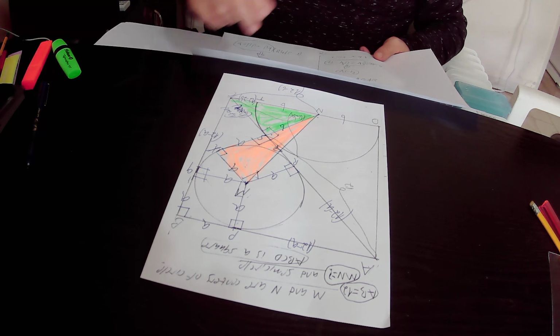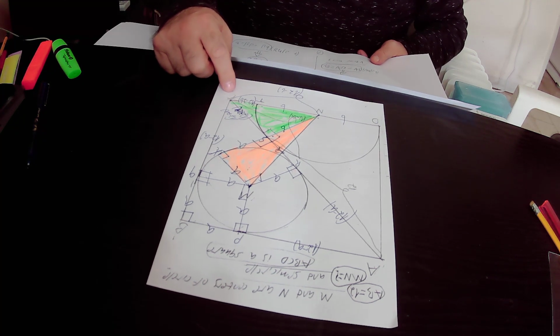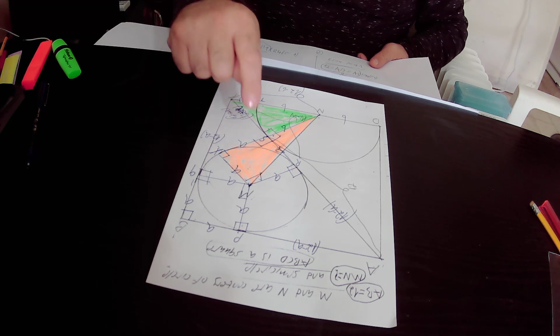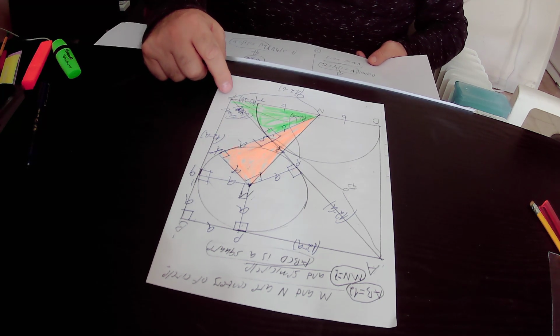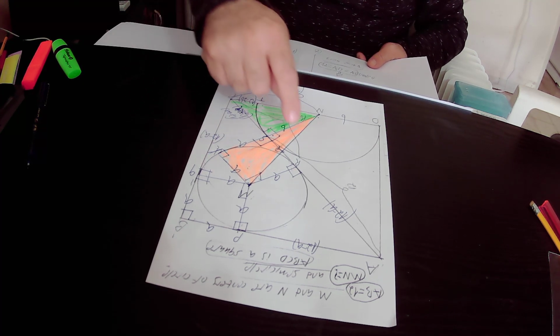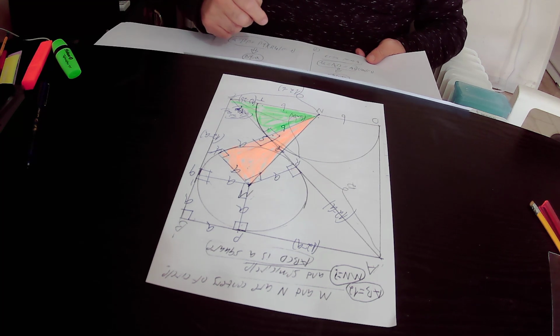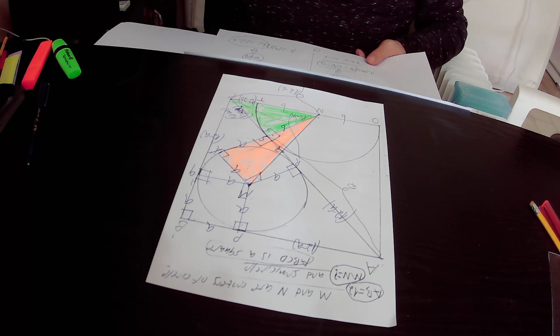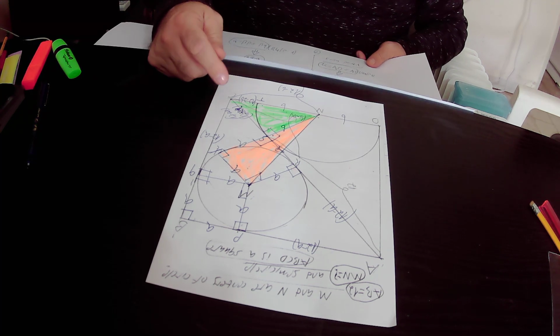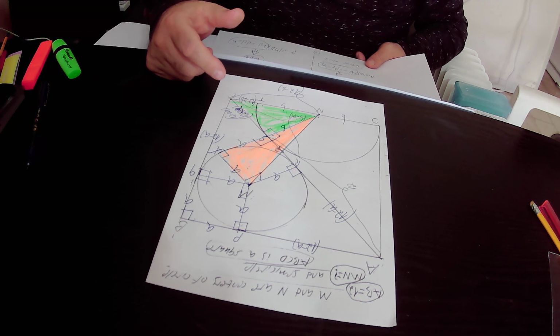Okay, then we focus at point C. In relation to this circle, from the external point C, we have tangent CQ and we have tangent CR to this circle. And whenever you have two tangents from an external point to a circle, then the lengths of those two tangents will be equal to each other.